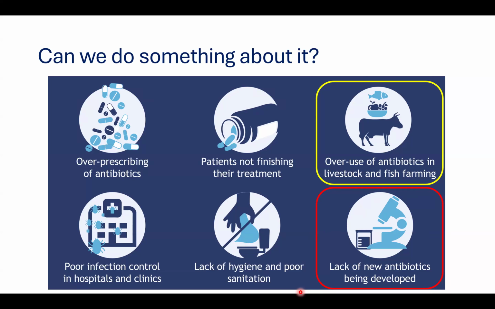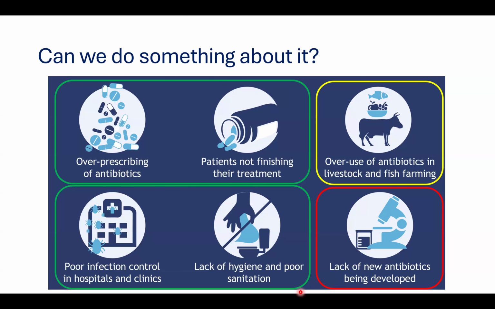So the things that are left for us to work on are, one, that we can make judicious use of antibiotics, prevent overprescribing, and ensure that patients finish their treatment. The second one is to prevent the spread of infection, with infection control and proper sanitation and hygiene. So these two things are the major areas to focus on.